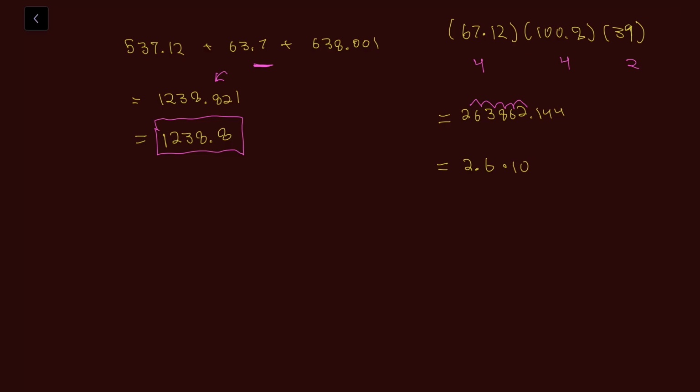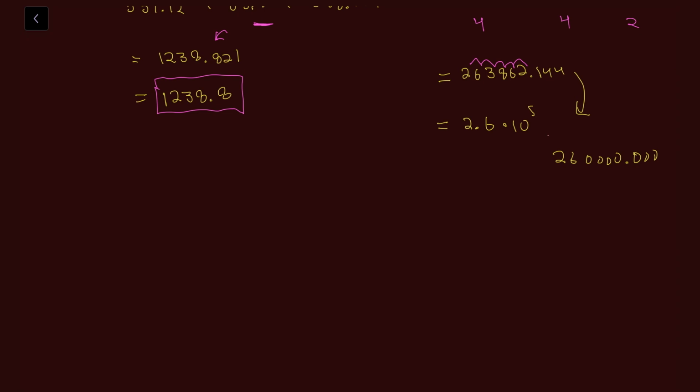Now, what I've pretty much done here is that I rounded this answer to simply be 260,000. These two numbers are the same, but with different levels of uncertainty. But that's basically what this is.